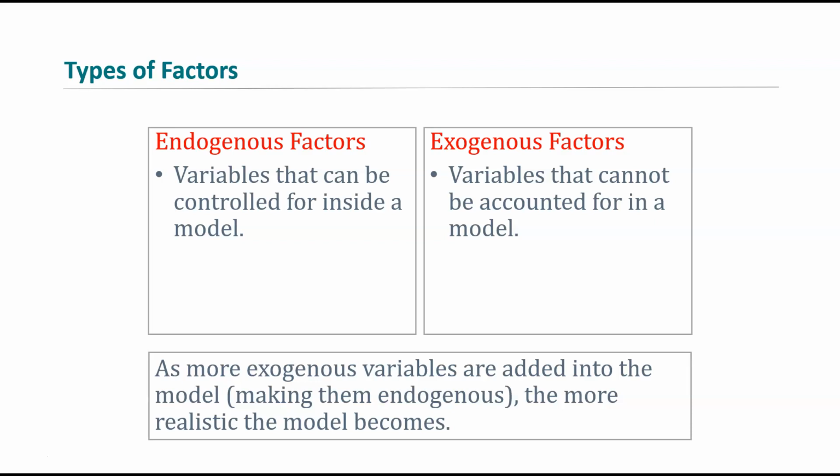When you're watching the news or reading a newspaper and you read about a study that had some conclusion about why people are buying more or fewer hybrid vehicles, you want to be able to ask the question, well, what variables did you include in your model? Did you think about whether there was a hurricane or not? Did you think about whether we were in a recession or not?